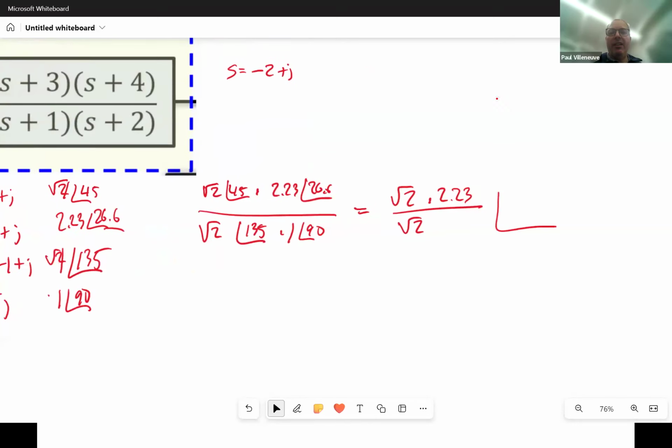And the angle is 45 plus 26.6 minus 135 and minus 90. So that's equal to 2.23 at an angle of, let's see, 153.